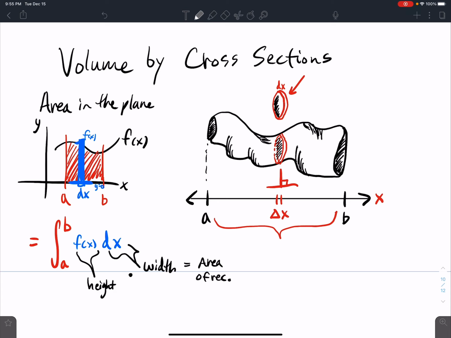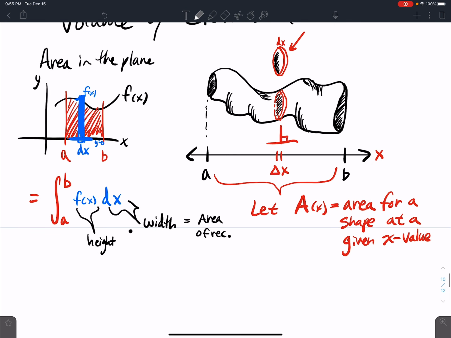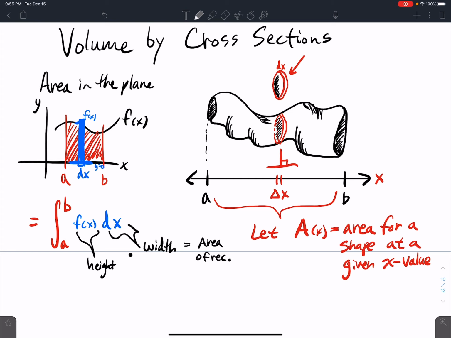So if I let A of x be defined as the area for a shape at a given x value, some arbitrary x value, then you think about it like this one little sheet right here, this circle here, that area, A of x here.